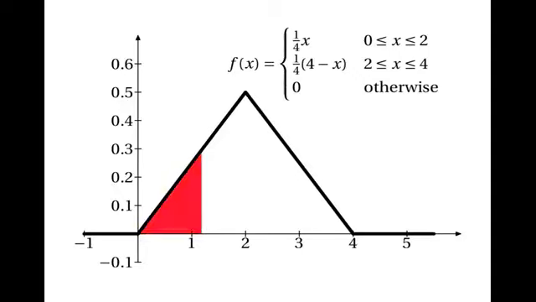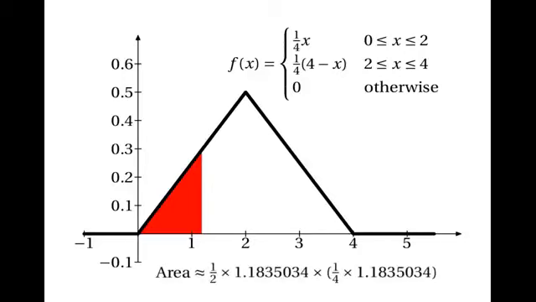We have to work out the area of this triangle, and as the area of a triangle is half base times height, the area is going to be a half times 1.1835034, because that's the base, times a quarter times 1.1835034, because that's the height.